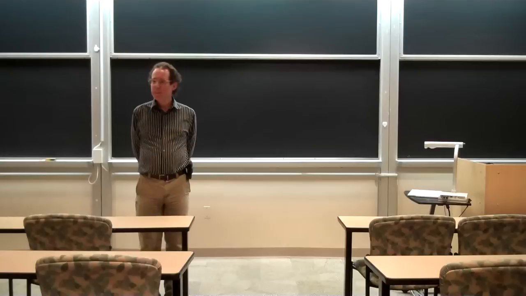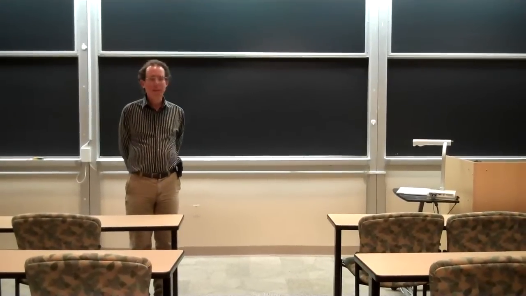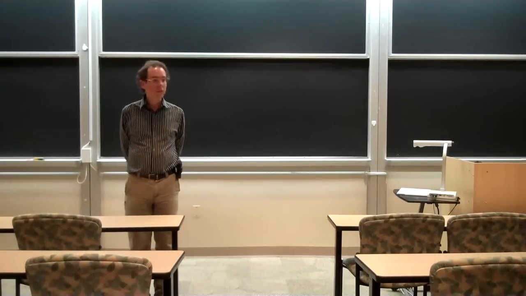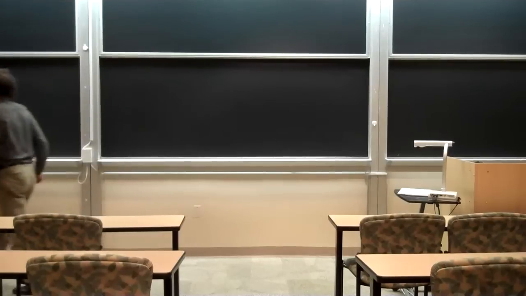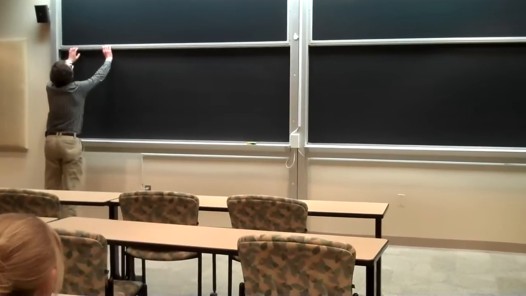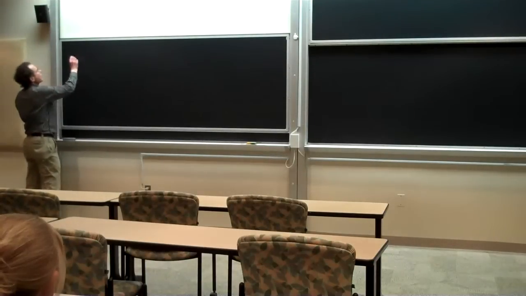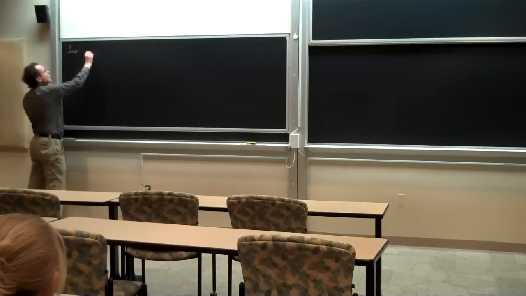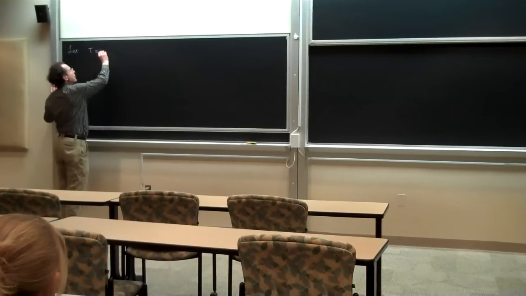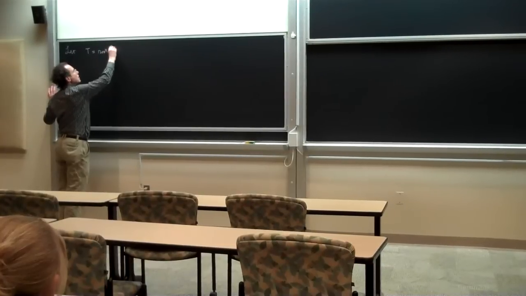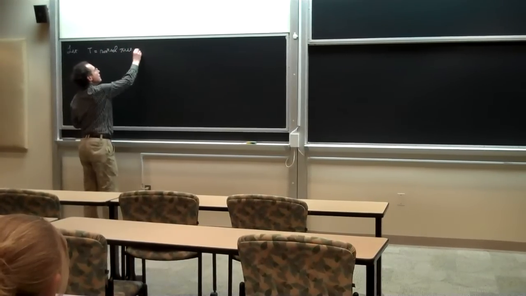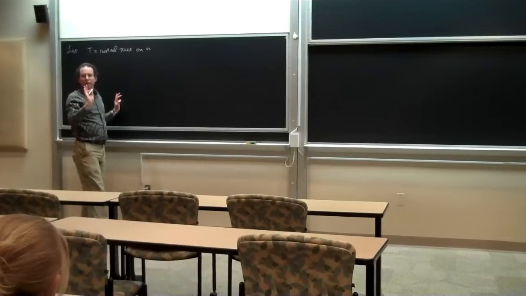So let me explain, first of all, what I mean by hook lengths on trees. Throughout the talk, I'm going to let T be a rooted tree, and it's always going to have n vertices.